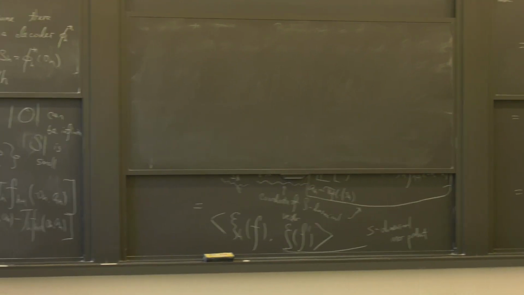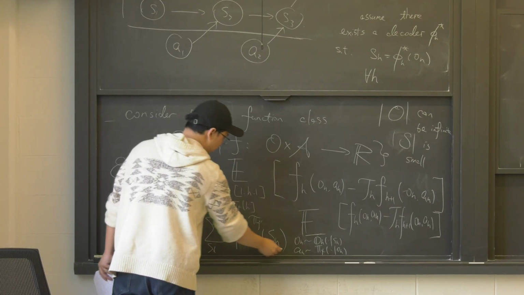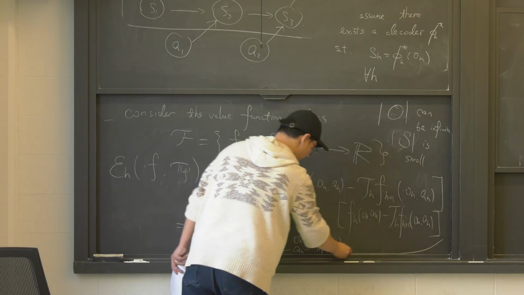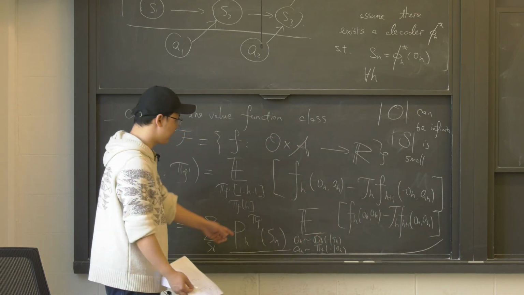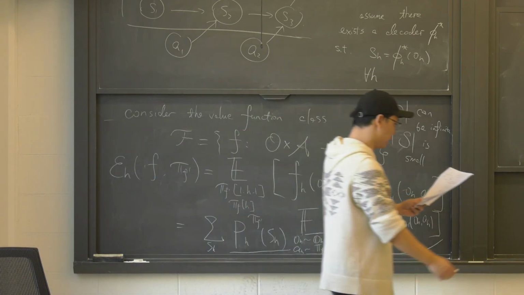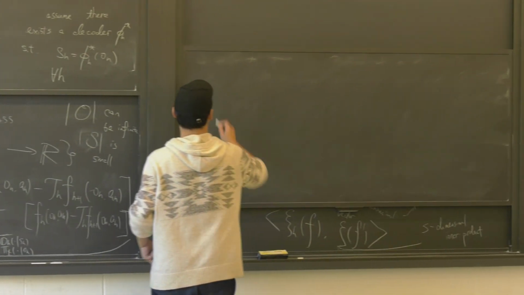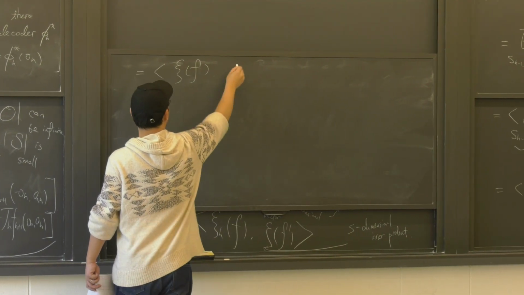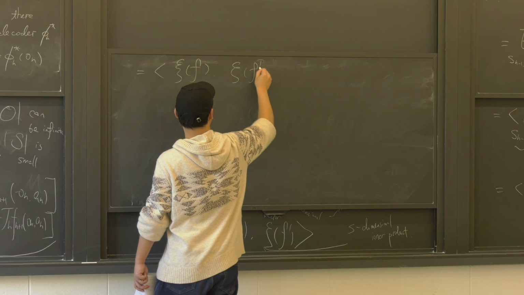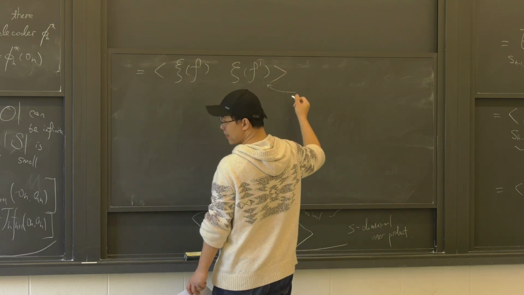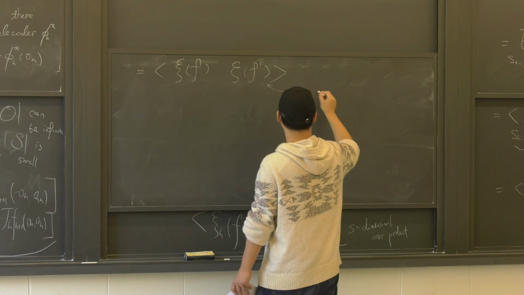So now we again see this becomes an inner product between something of S dimension and something of S dimension. The first part only depends on f prime, and the second part only on f. So this again is equal to the inner product of C f and zeta f prime, where this is S dimensional.